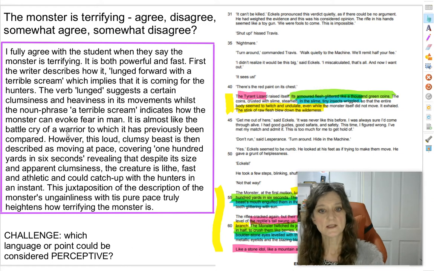So I would say that this paragraph shows some good analysis. We've got some strong methods in there. We've got some really well explained evaluation. And if I did maybe 3 more paragraphs about this level, it would definitely be at the top of level 3 on the mark scheme. And because it is quite detailed, it might even get into the bottom of level 4 because of its detail.